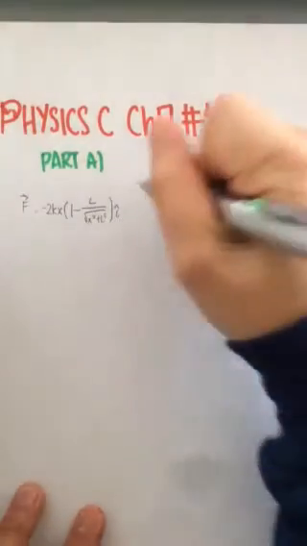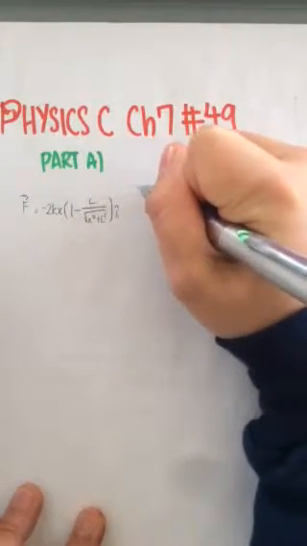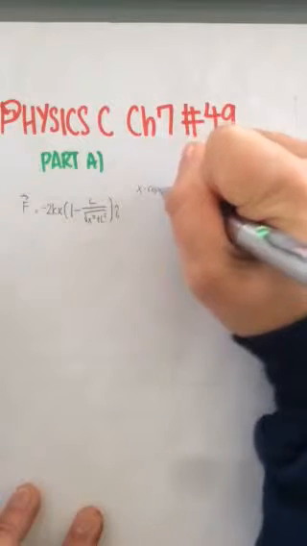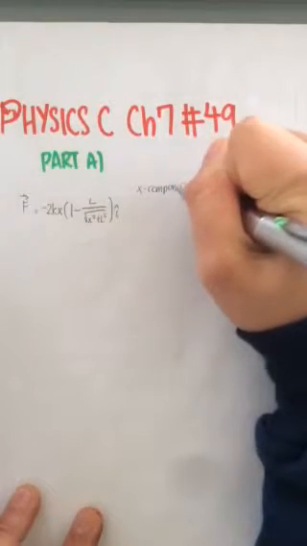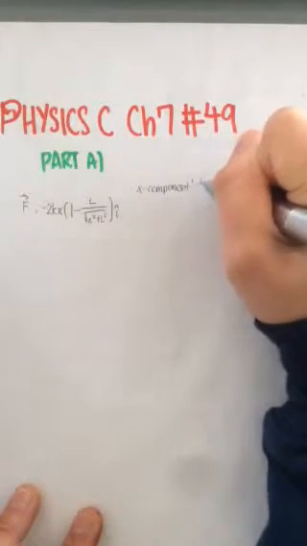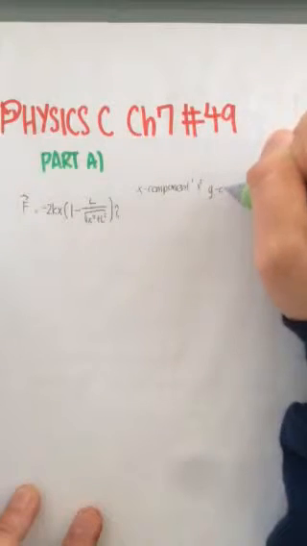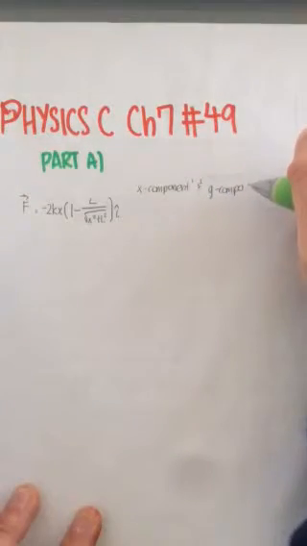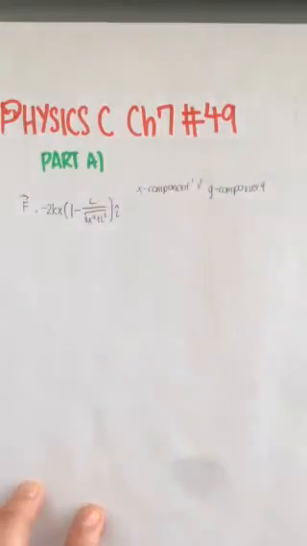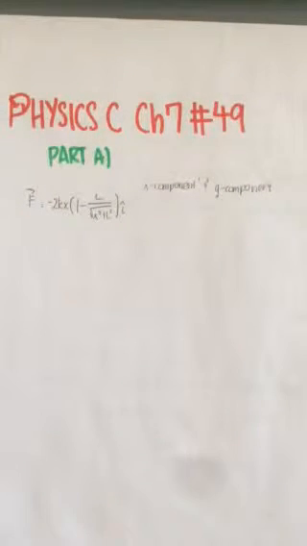What they're trying to find is the force of the spring in the x component and y component. So first thing we're going to do is draw a picture. That's the most important thing you can ever do in physics.